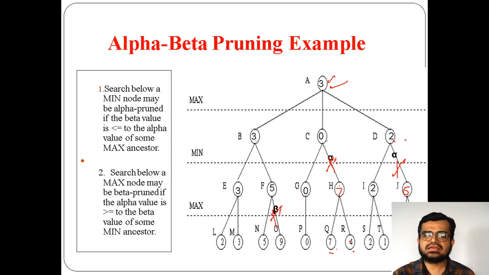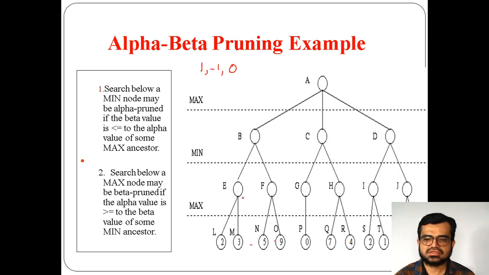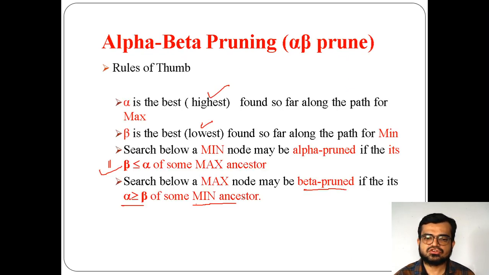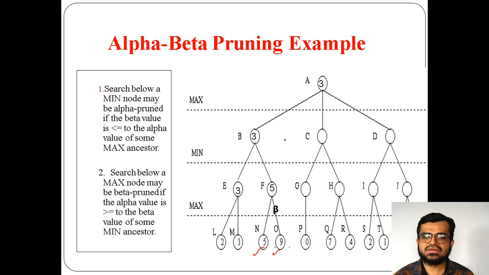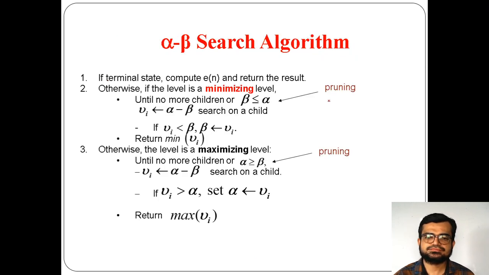So it can be either beta pruning or alpha pruning, based on the condition which I just told you. So this condition has to be followed. In this way the alpha beta pruning works. Again, whenever we are minimizing the level, minimizing means on the beta side.